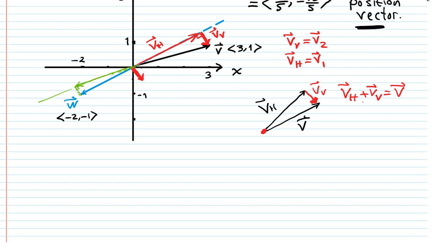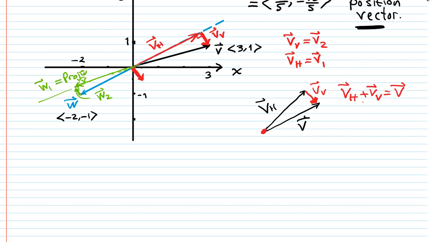That's going to be the projection of W onto V. That's what this part is. And this piece right in here is going to be, call it W2, the vertical component. This is W1, the horizontal component.